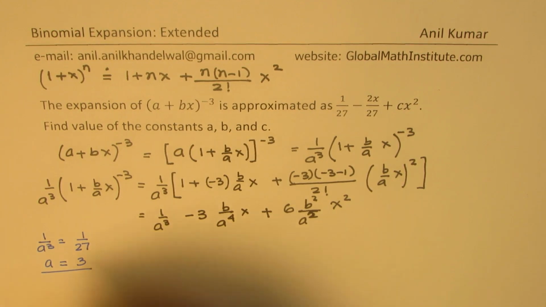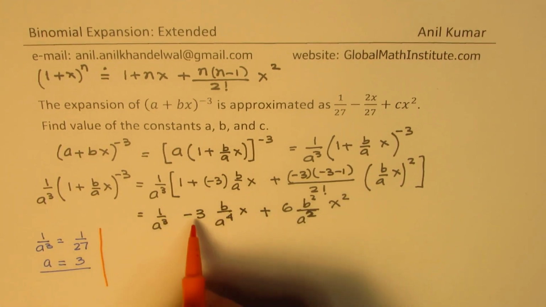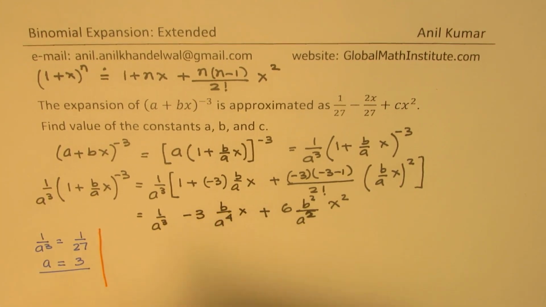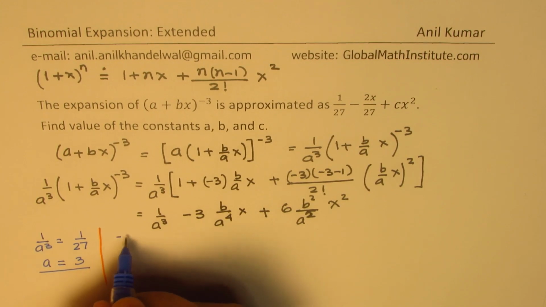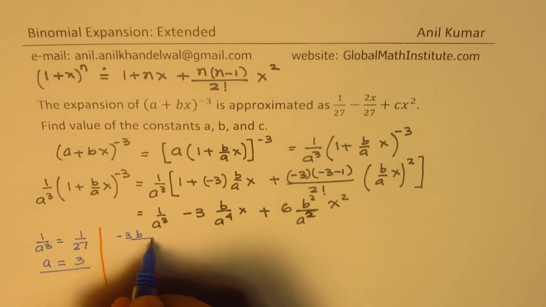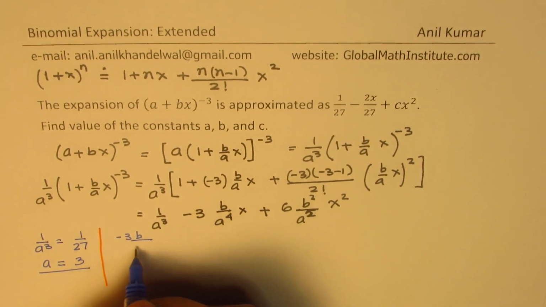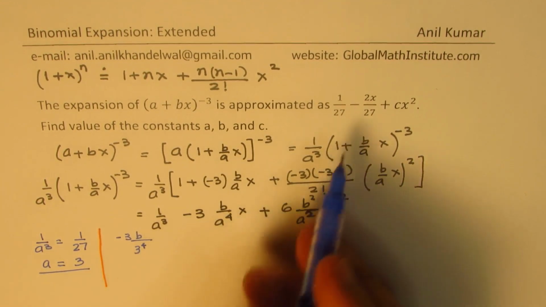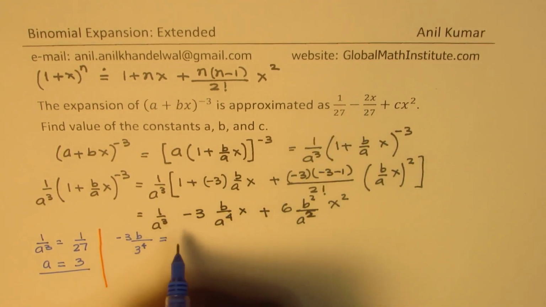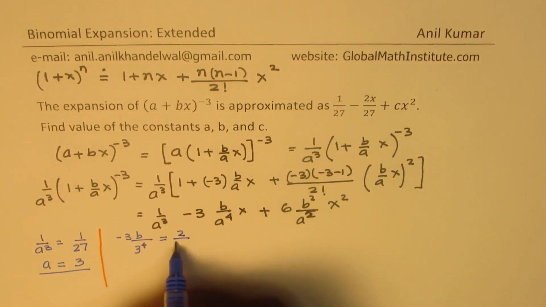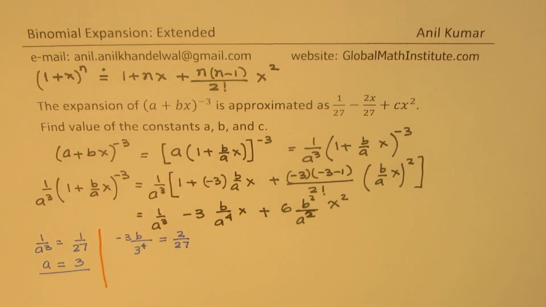Now, second part is minus 3b over a to the power of 4. So we can say that minus 3b over 3 to the power of 4, times x, is equal to 2 over 27, x being there.